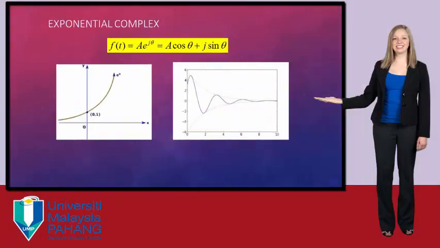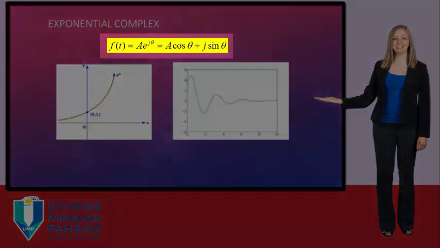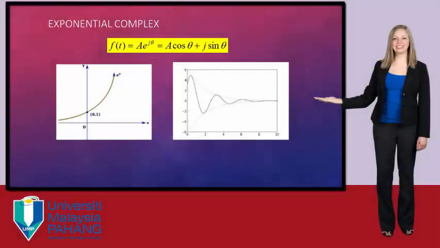While the expression for complex exponential is f(t) equals A e^(j theta), which is equal to A cos theta plus j sin theta, where this is the Euler's formula.